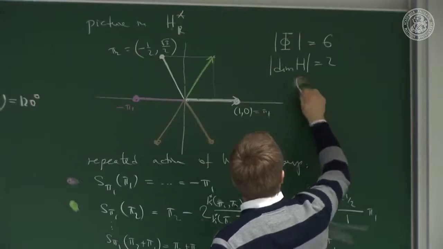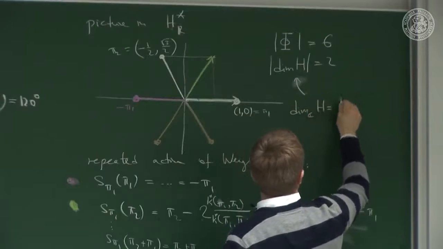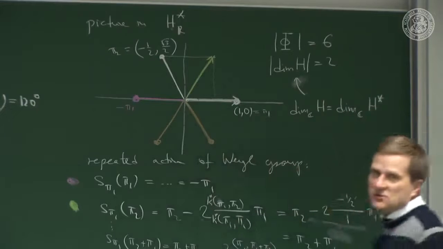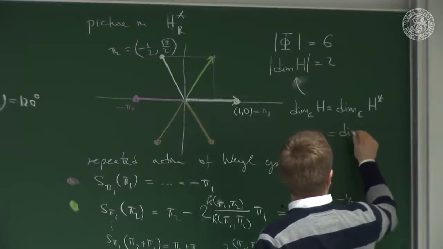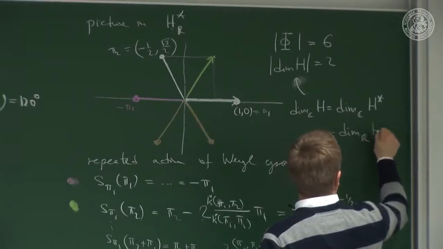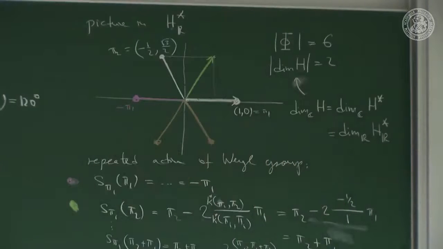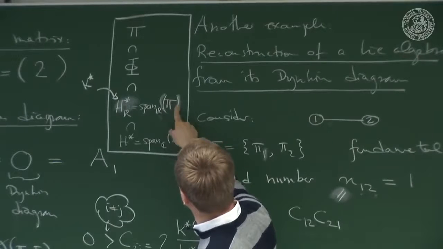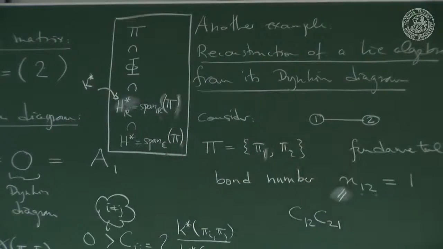Well, the complex dimension of h is certainly the complex dimension of its vector space dual, because it's a finite dimensional vector space, but this is certainly the real dimension of the realification. You can see this from here, right? So this has 2 elements, this has 2 elements. The real basis has 2 elements, the complex basis has 2 elements. So the complex dimension is the real dimension, and that is simply 2.